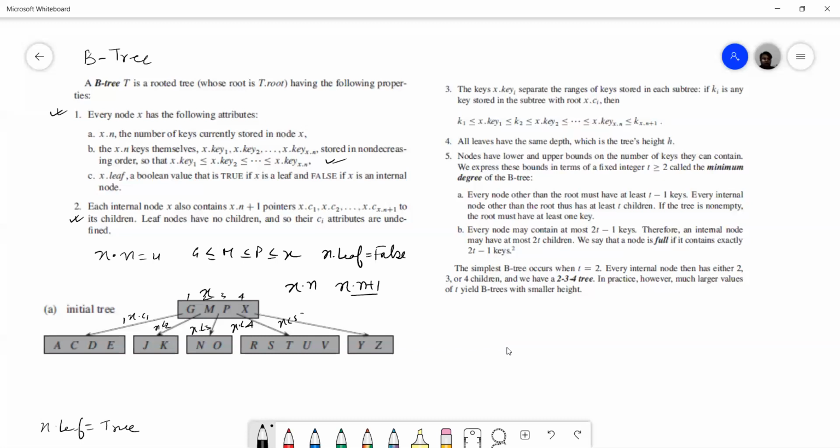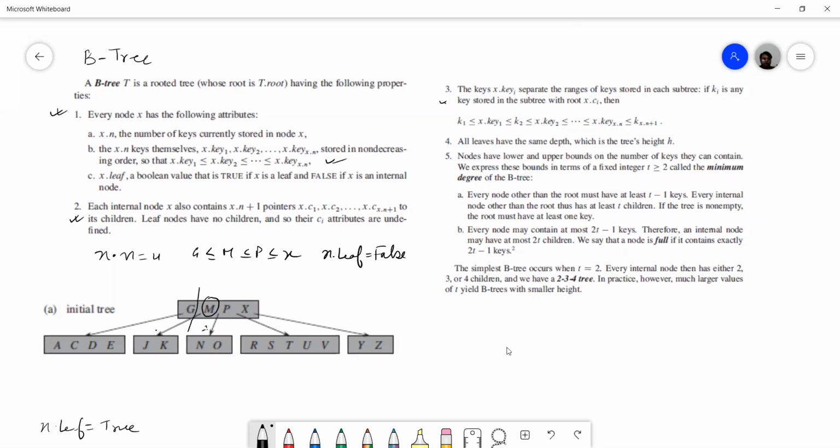Now the third point says that x dot ki separate the range of keys stored in each subtree. Ki is a key stored in the subtree with root xi. So what does it mean? It means that if we take a key, suppose M, it divides the keys into two ranges.